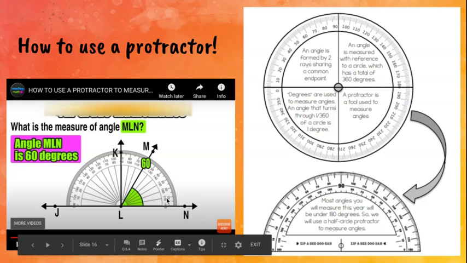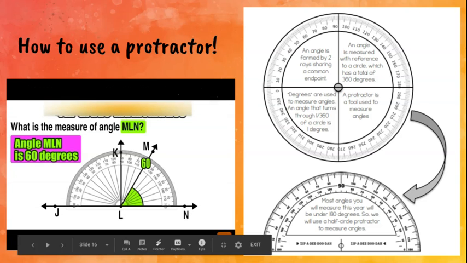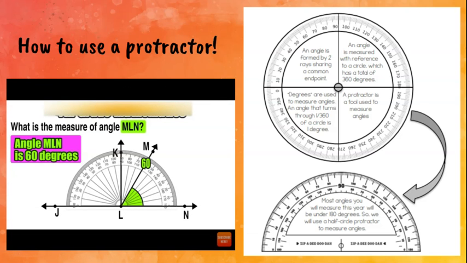Okay, and how do they know that? Check out these numbers: 10, 20, 30, 40, 50, 60. That's how they figured out that it was measuring 60 degrees. A bit more practice helping you to understand how to use a protractor to find the measure of a given angle. And that's really all there is to it.